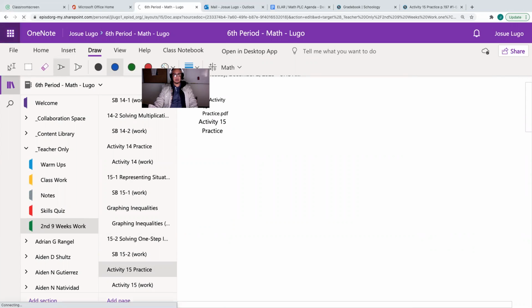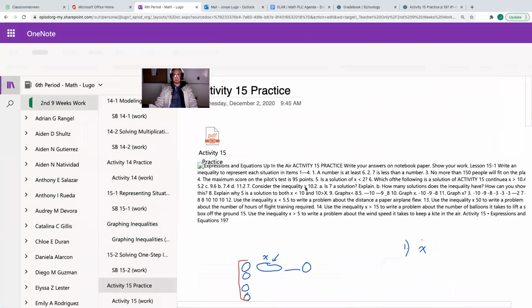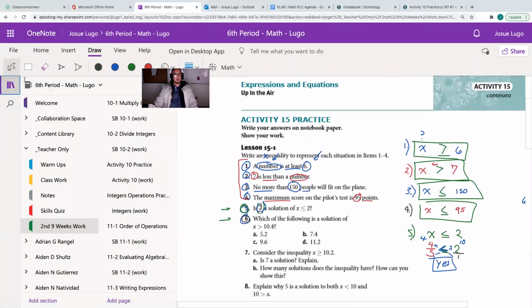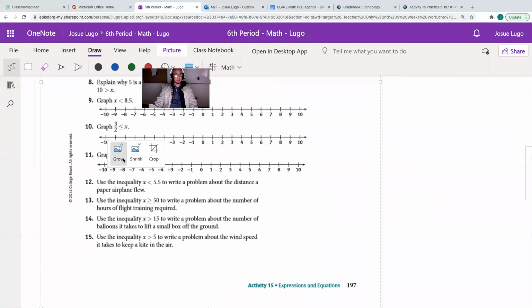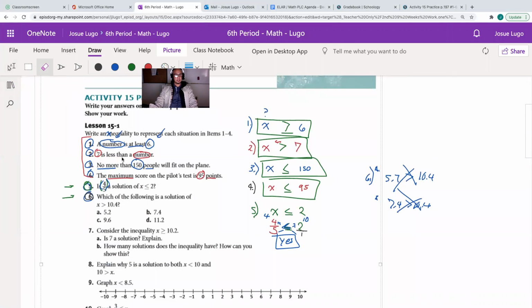Let me just reload the screen. And so today we are going to be doing numbers 1 through 6.